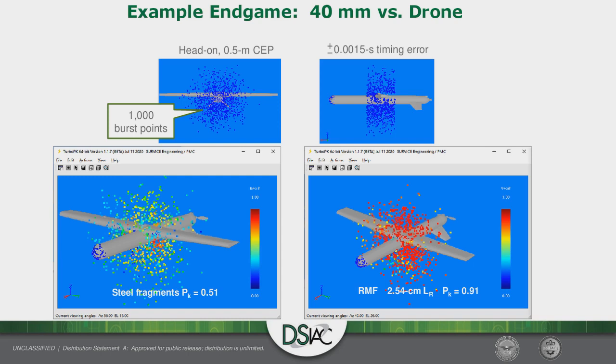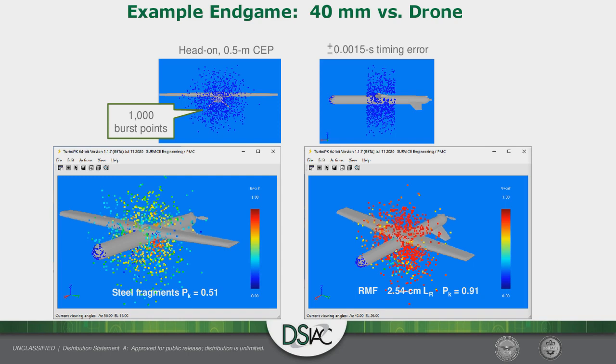To generate a set of burst points for an actual endgame, I'm assuming that the encounter is head-on, so we're just shooting straight at it. And the radial dispersion of the burst points is a Rayleigh distribution with a half-meter CEP. So this is 1,000 burst points generated with a half-meter CEP.